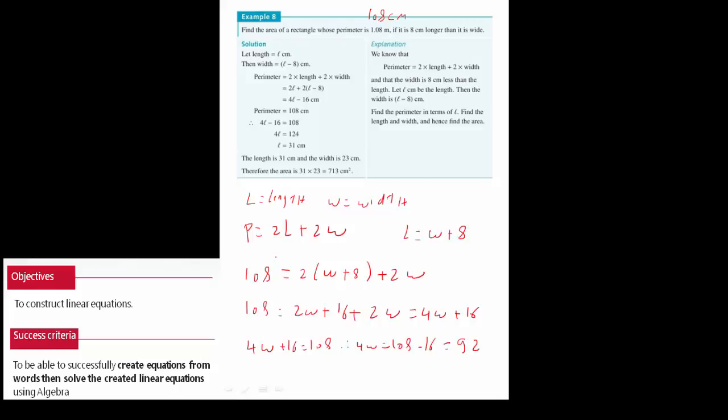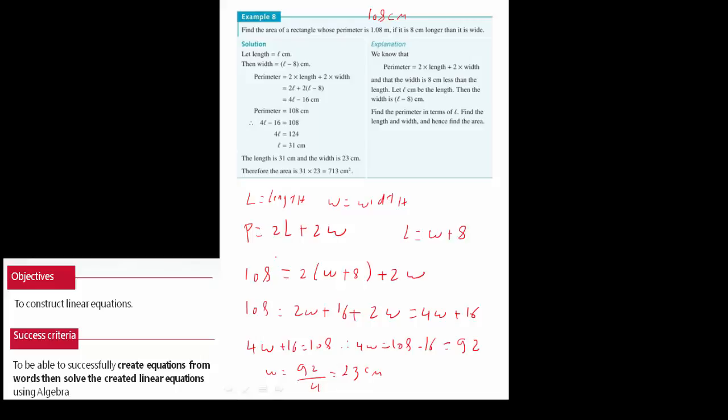And then we will end up with W equals 92 divided by 4, which is 23. So the width, and it is in centimeters, 23 centimeters.